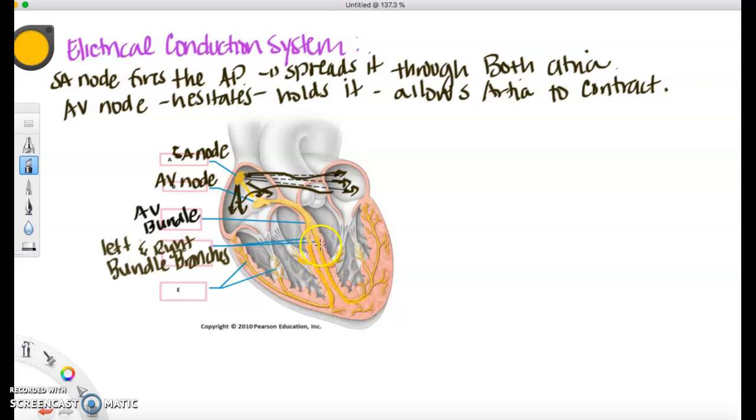So it goes down here, and once it gets down to the apex, those bundle branches branch off into what are called the Purkinje fibers.